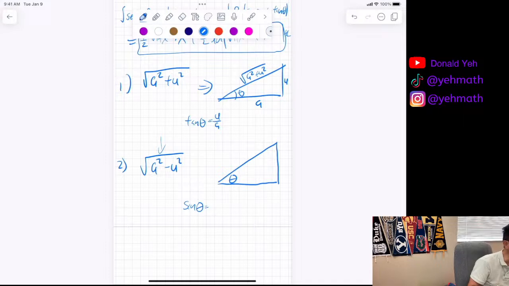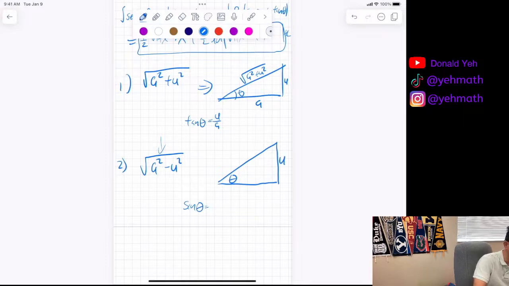You want to get square root of a squared minus u squared, and you want the constant to be on the bottom.